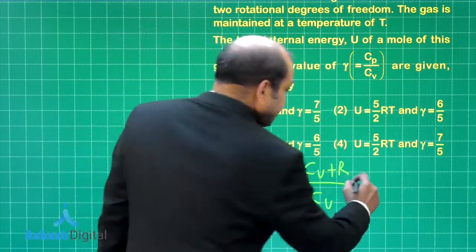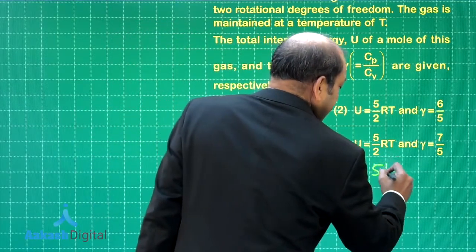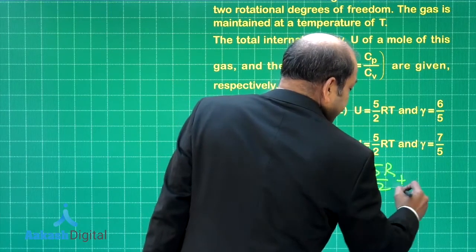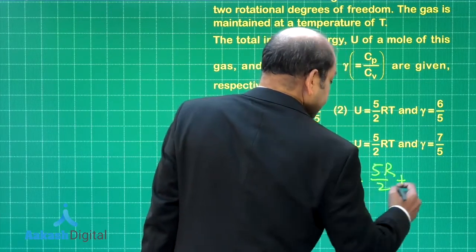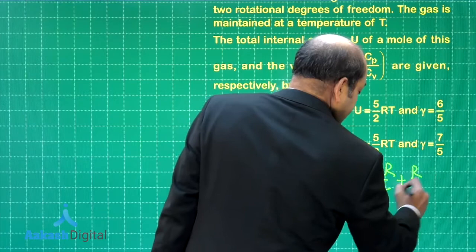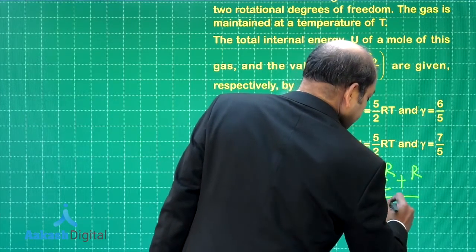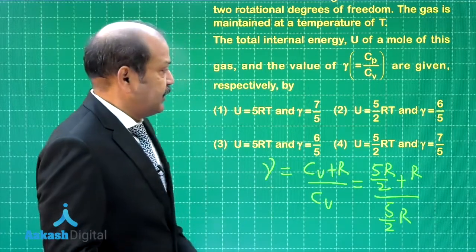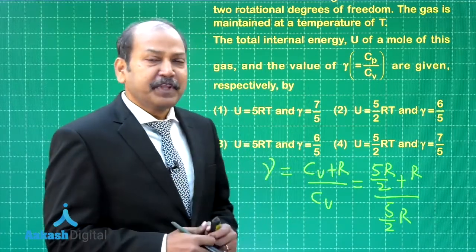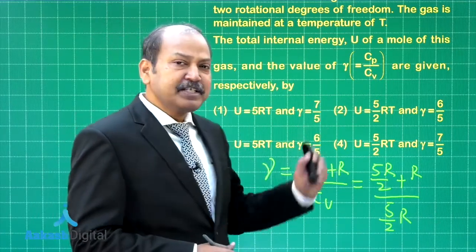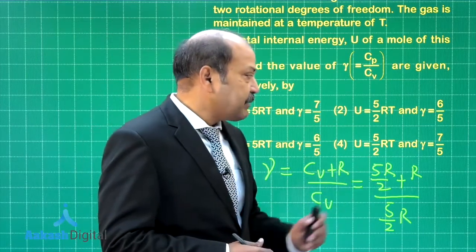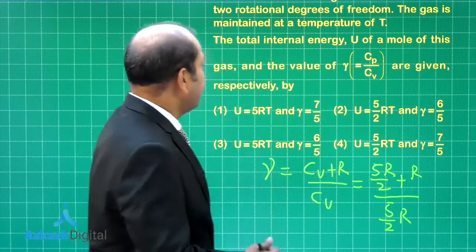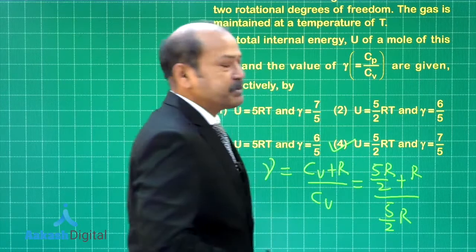So, if you put here Cv as 5 R by 2, this comes out as equal to 7 by 5. So, with these 2 informations, that U is 5 RT by 2 and the value of gamma is 7 by 5, clearly the 4th option is the correct option.